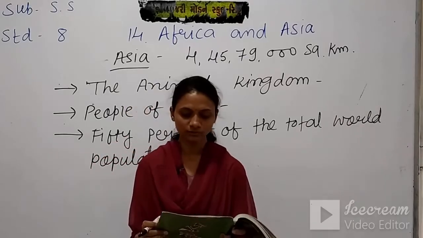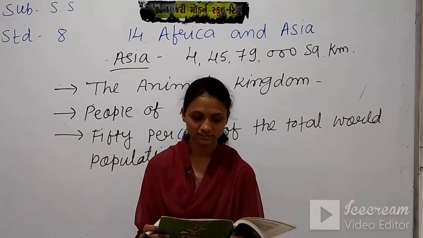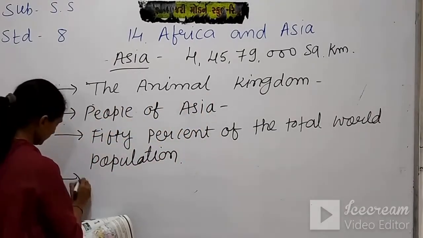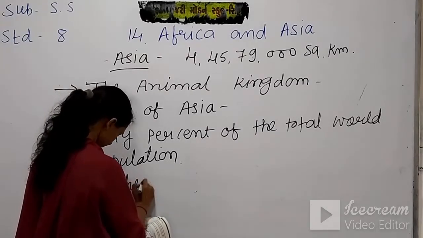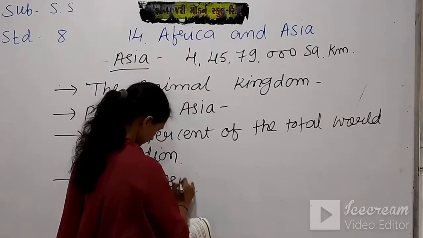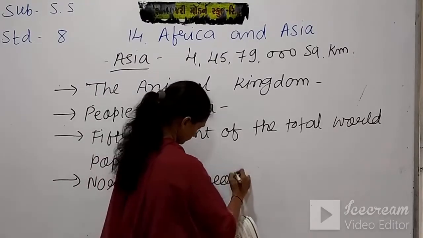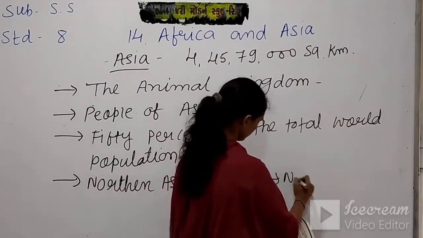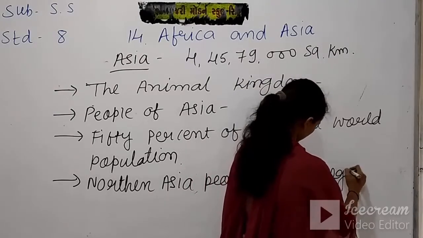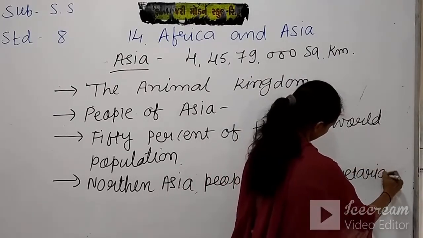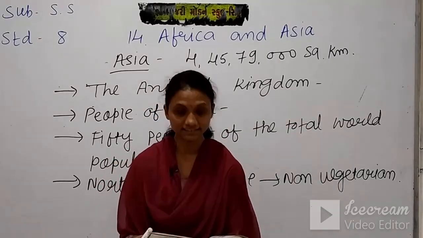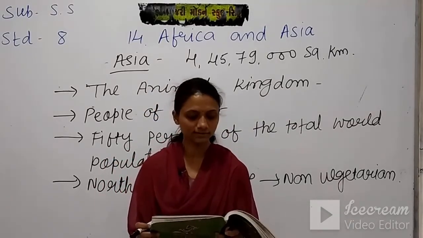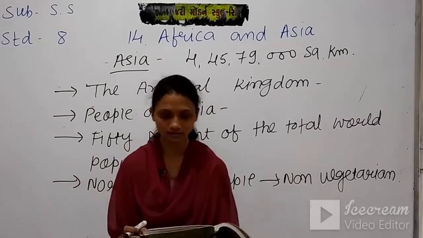The people of Northern Asia are non-vegetarian. Okay. The people near coastal area eat seafood, and the people living in the seasonal climate use wheat and milk.